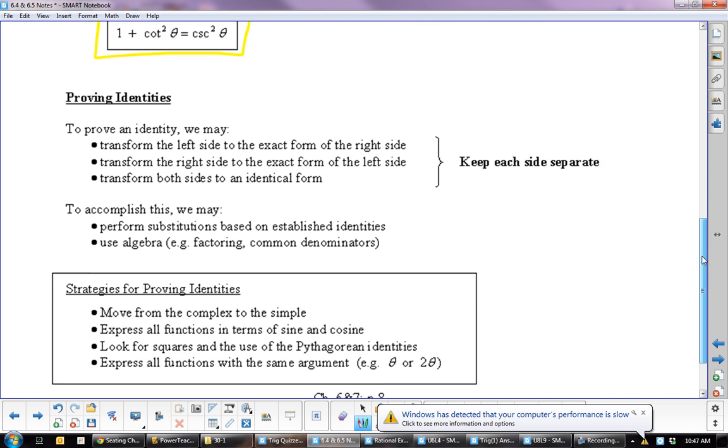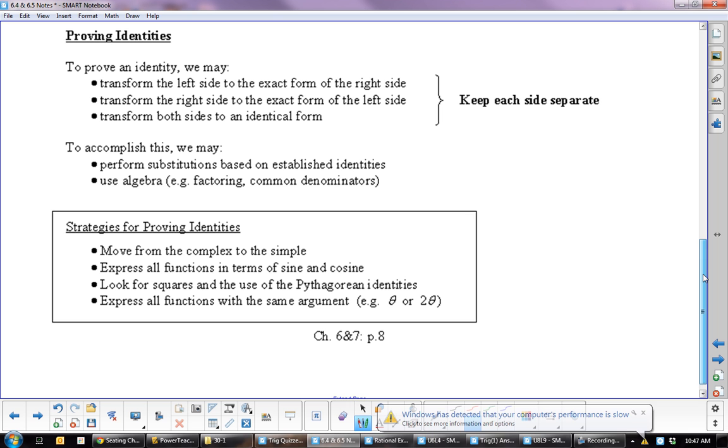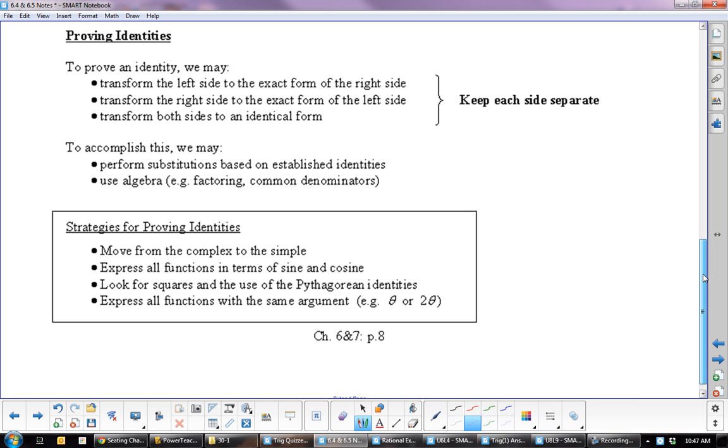So here are some tips that I'm sure you saw in 30-1: move from the more complex to the simple. So in terms of sine, basically get rid of tans. I find they only have so many of these proofs, so if they put tans in there, you get rid of them, and all of a sudden things cancel like crazy after.